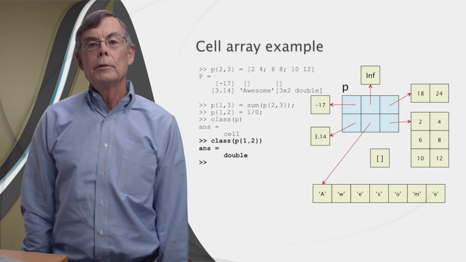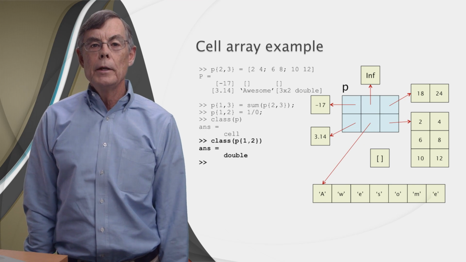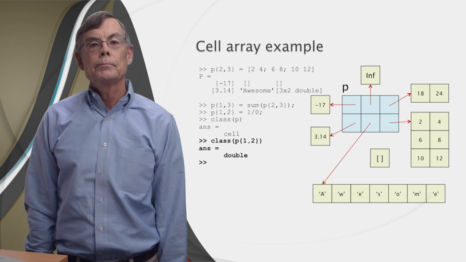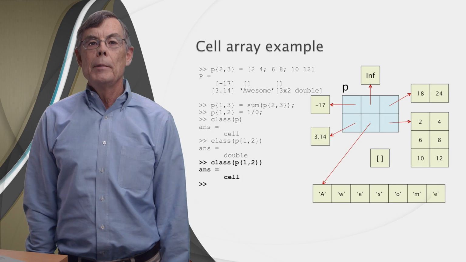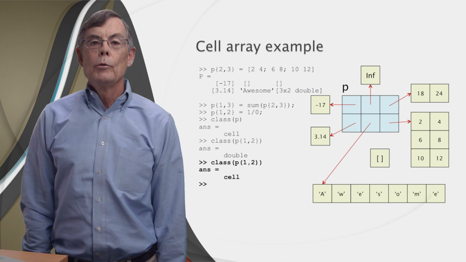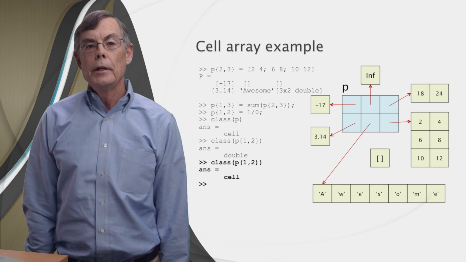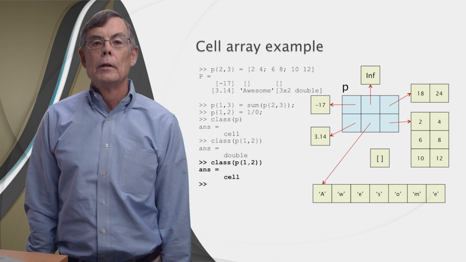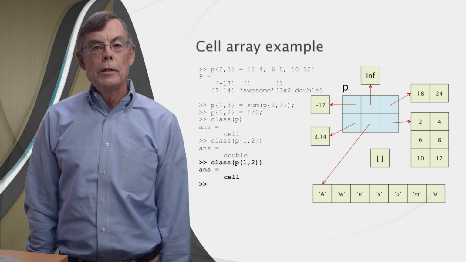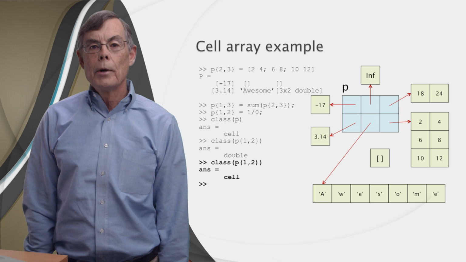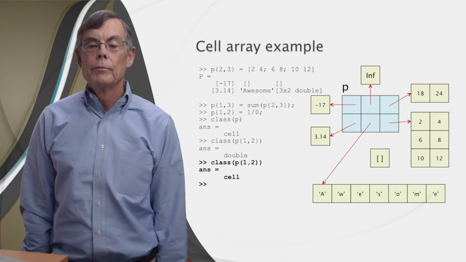In this case, the object is the scalar inf, which happens to be of type double. But if we use normal parentheses when indexing that same element of the cell array, then we're referring to the cell itself and not the data that it points to. So the class function returns cell. That's the difference between using parentheses and braces when it comes to cells.